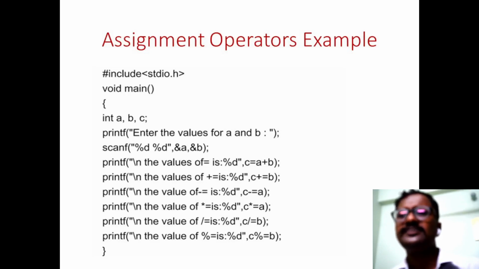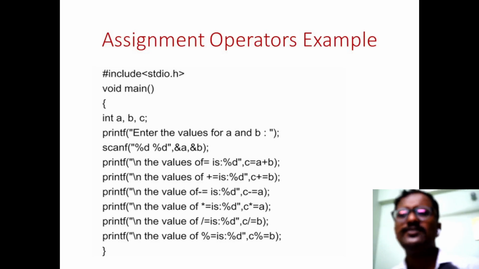If you use the addition assignment operator, that is plus equal to, it means to add the value. Printf the value of plus equal to is %d, c plus equal to b. This line adds the value of b to c and stores the result in c.